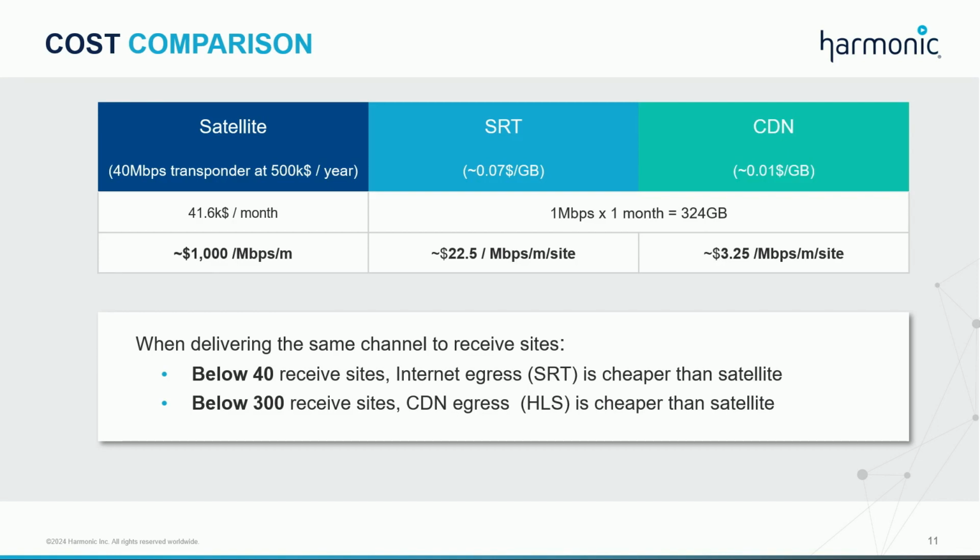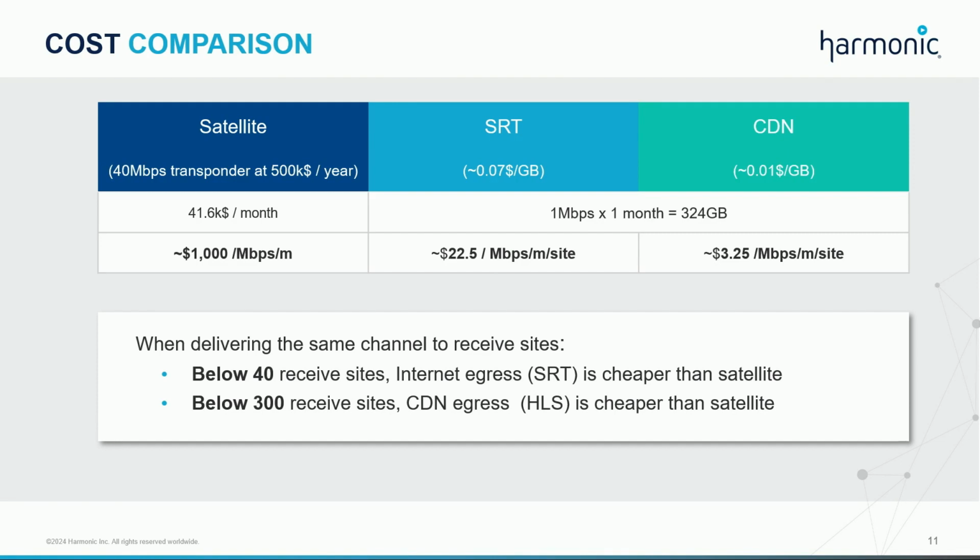Because remember, SRT and CDN are unicast based, which means that to send the content to the three of you, I will need to replicate the content 3 times. So I will be paying 3 times for the distribution of the content from the provider to the affiliate. Whereas with satellite, whether you have 1 affiliate or 1,000 affiliates, nothing is different.